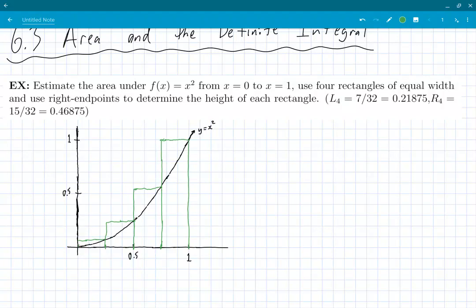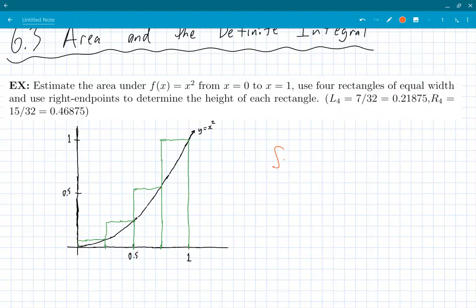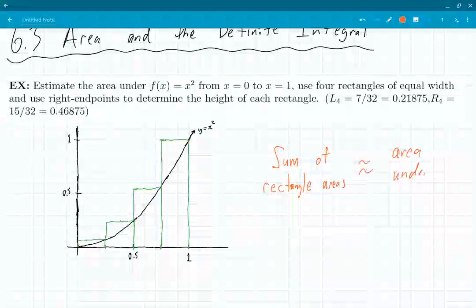Okay, so the idea is that the sum of rectangle areas is approximately equal to the area under the curve.